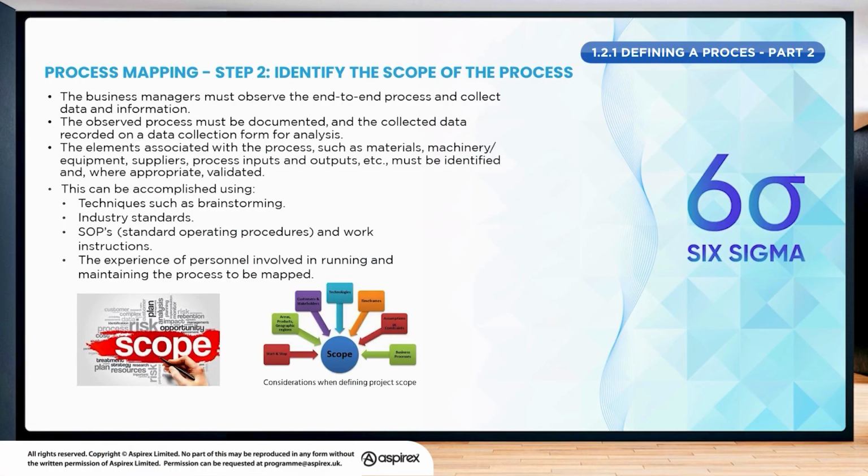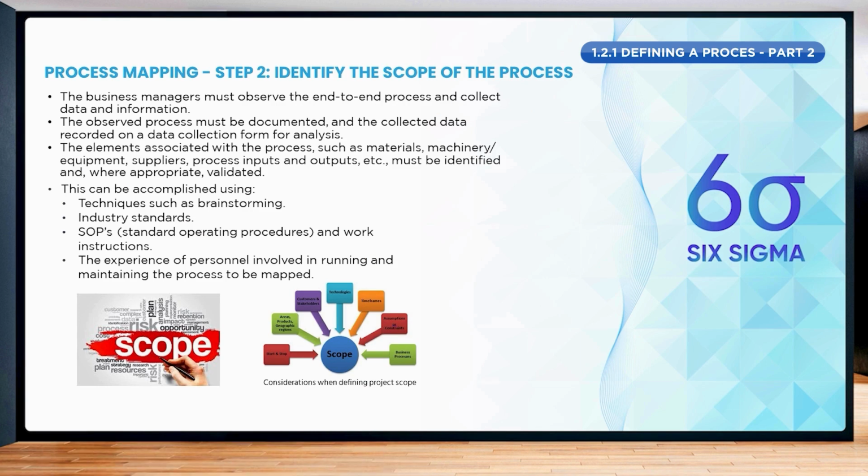Step number 2 is about identifying the scope of the process. So, when we refer to the term scope, this indicates what is included in the process between the process start and the process finish, and what is excluded from the process.